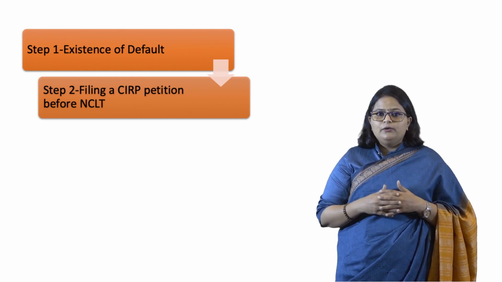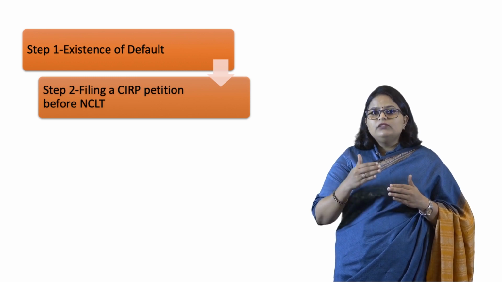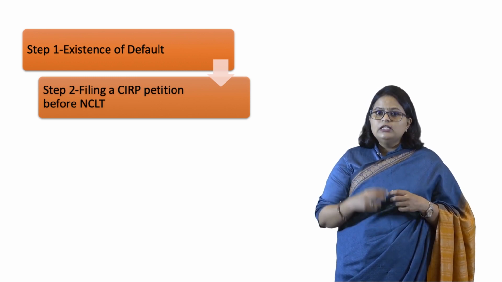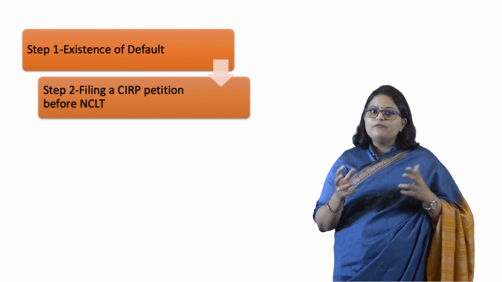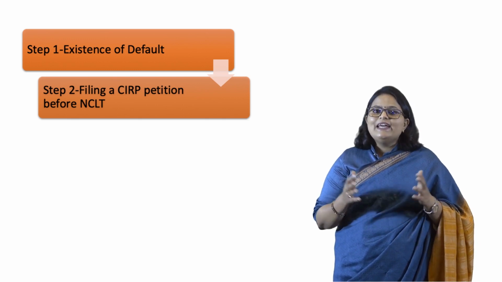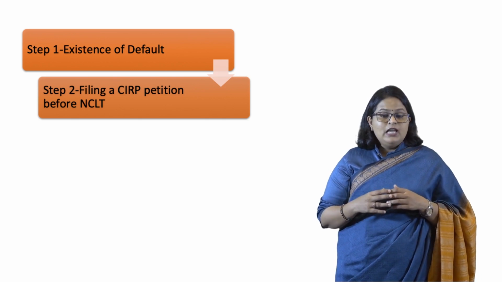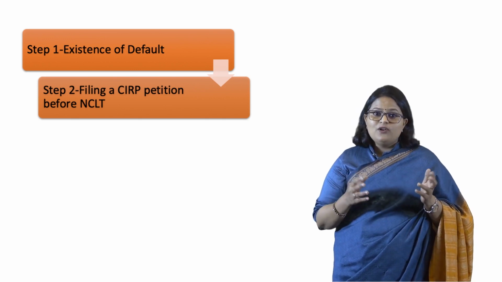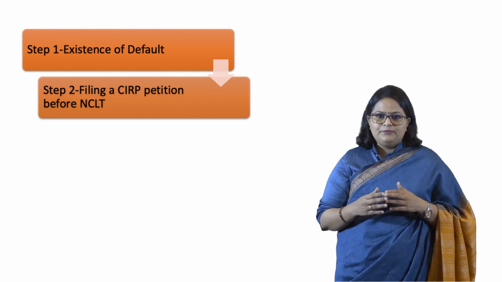The adjudicating authority, that is NCLT, shall within 14 days of the receipt of this application ascertain the existence of a default from the records of an information utility or on the basis of any evidence furnished by the financial or operational creditor. The NCLT on receipt of such application may accept it or reject it.